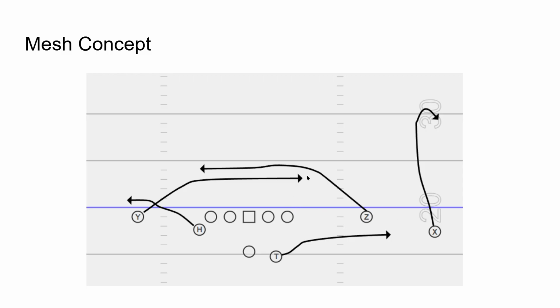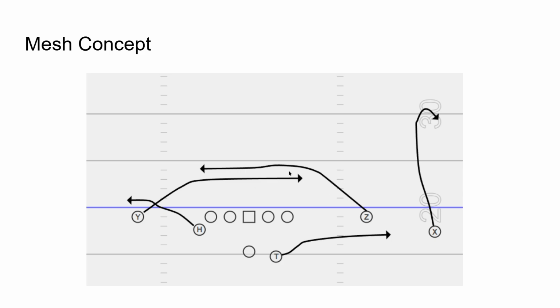What makes this kind of a replacement is there's a Mike linebacker right here. I know I don't have him drawn up, but basically, if it's man, he's going to trail this T right here. And even in other cases, the same linebacker may be here, and he's going to trail the T. So then the Y is going to cross the Mike linebacker's face, and then he'll have this window here to sit down.